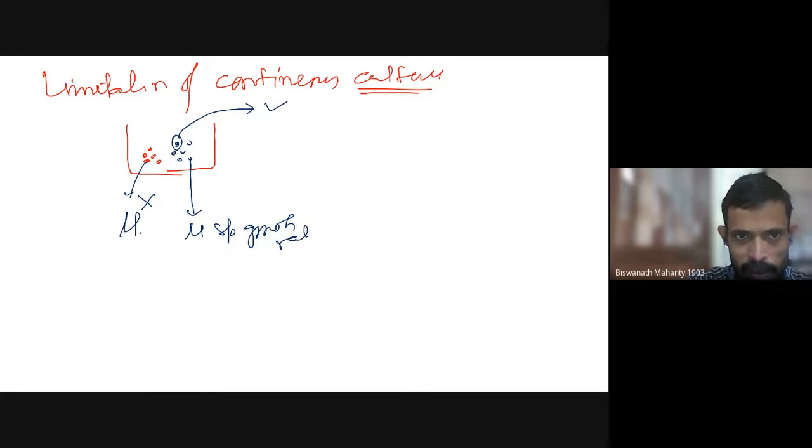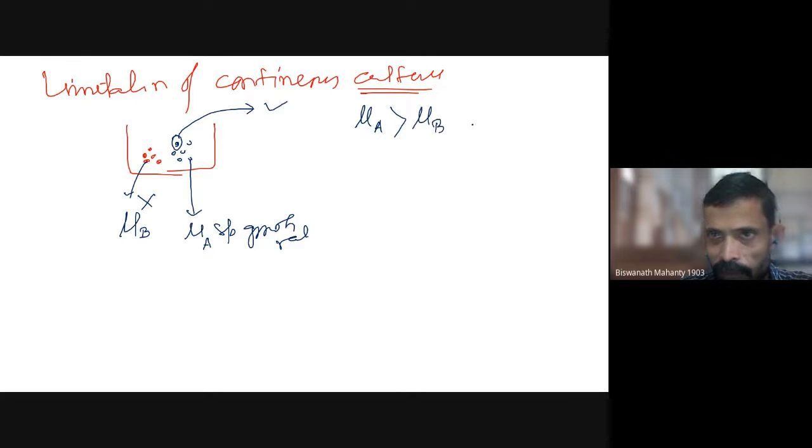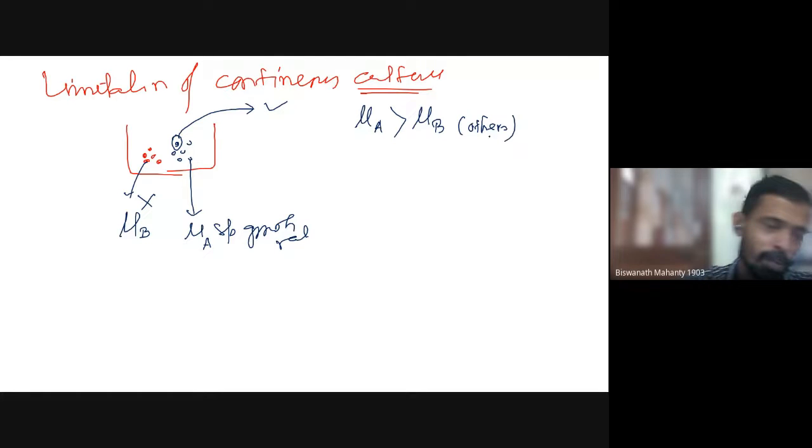Specific growth rate for microorganism B, specific growth rate for microorganism A. This procedure is only useful if I know that the specific growth rate of the microorganism you want to isolate is greater than the others. That means your microorganism is fast growing. Try to understand, your microorganism is growing faster than the other competitor.